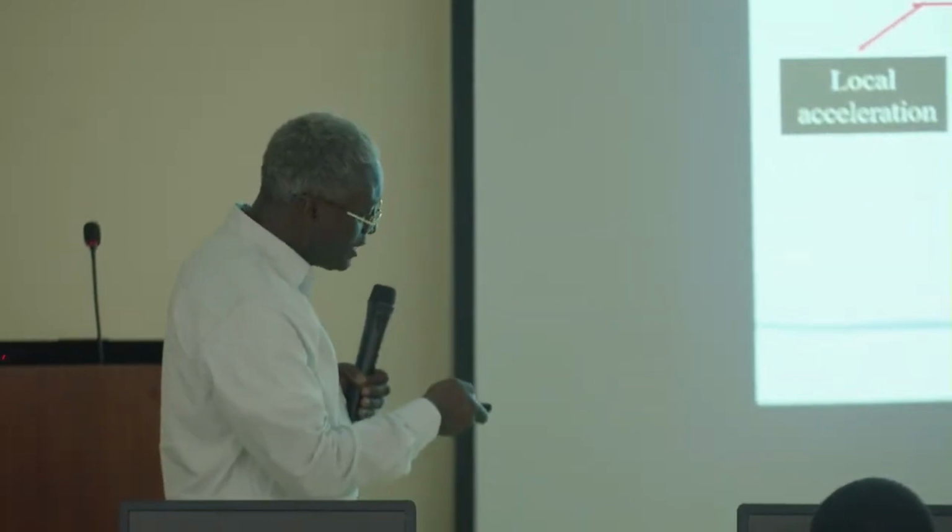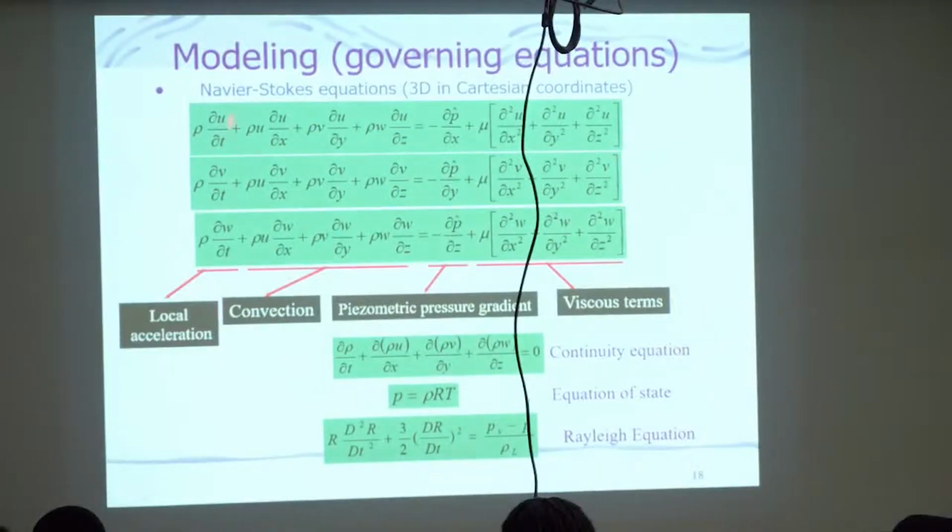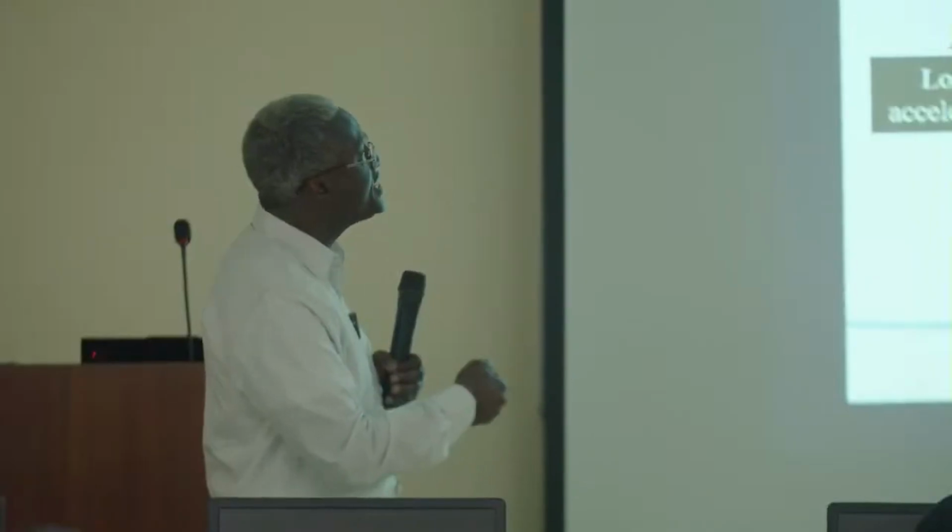Well, two famous scientists, Navier and Stokes, came up with these equations. Later on, I'm going to derive them for you. But for now, I basically present to you the three-dimensional Cartesian coordinates representation of the Navier-Stokes equations.